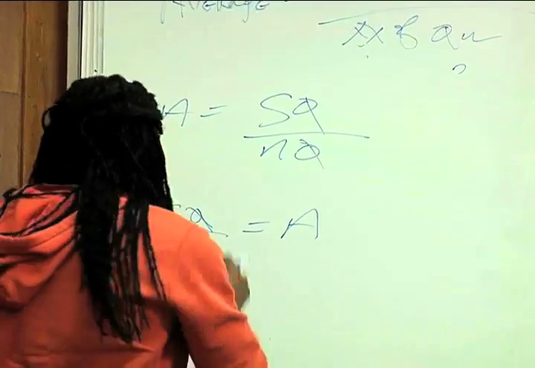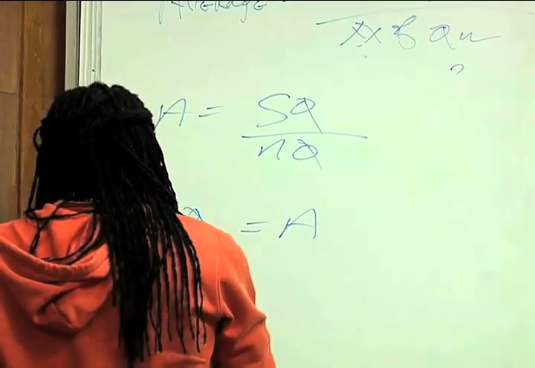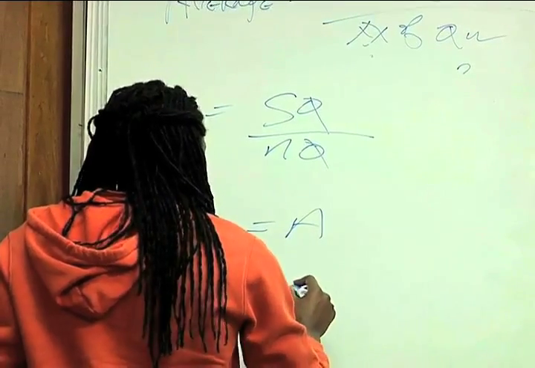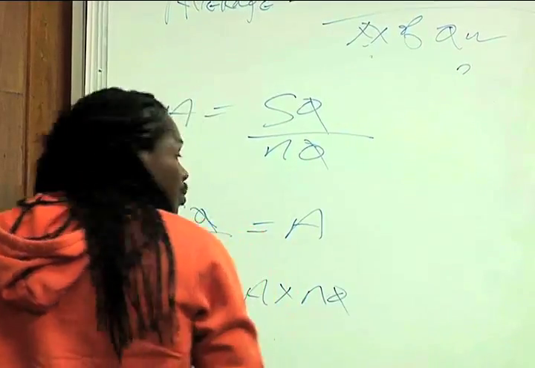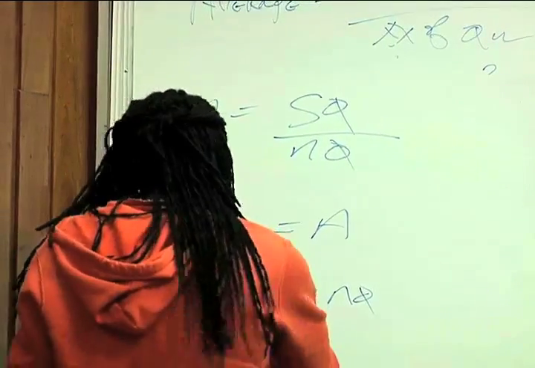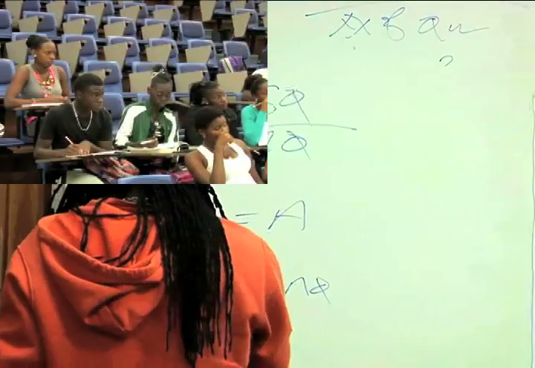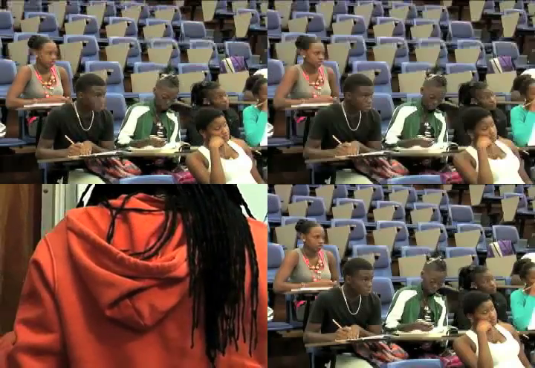Good. So we're going to say SQ equals A times NQ. Then we turn it back around because we still want NQ on this side. So this implies that A times NQ equals SQ. Same thing.